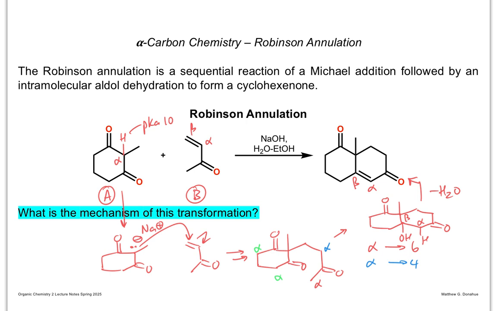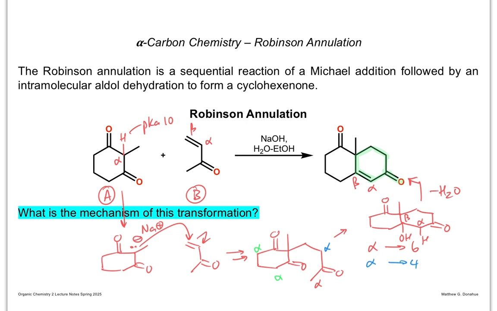So it's a Michael addition, then an aldol, and then really what you're forming, the pattern that you're going to look for, is a 6-membered ring that's an enone, so an alpha beta unsaturated ketone.